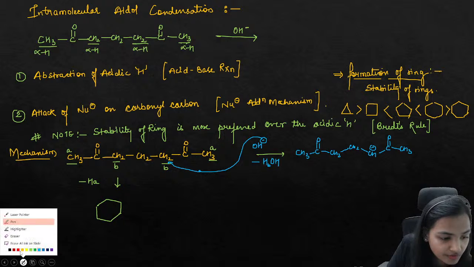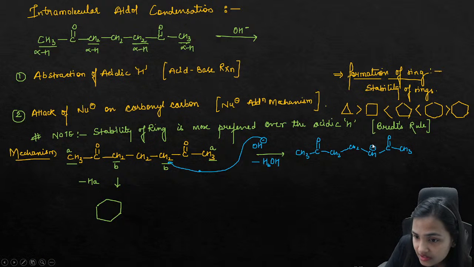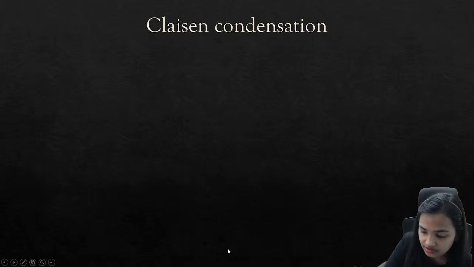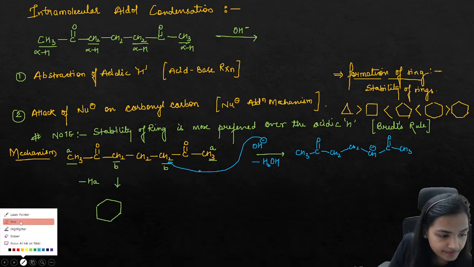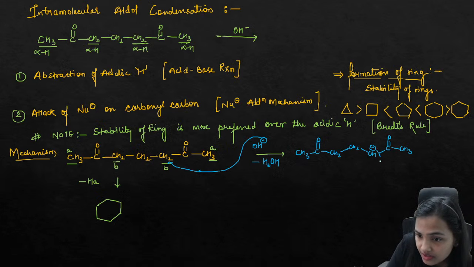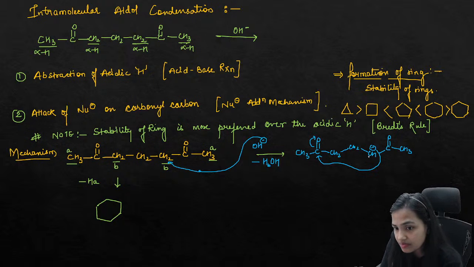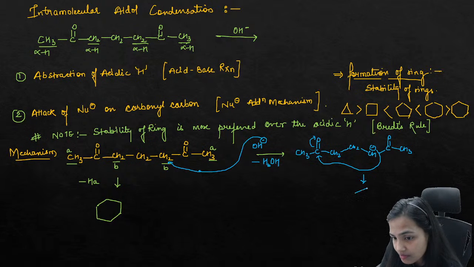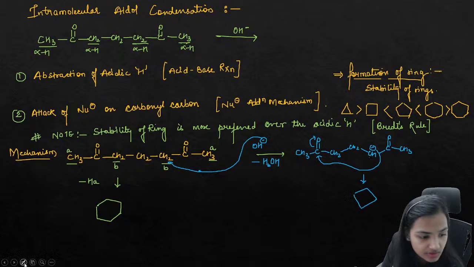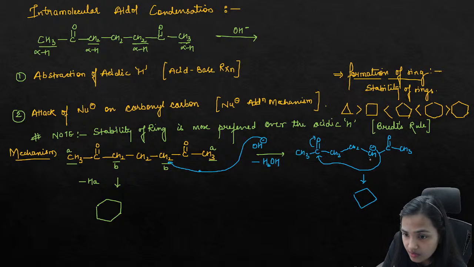Then it is very obvious that this nucleophile will attack this carbonyl center to break a bond like this. When this bond forms, 1, 2, 3, 4, we will definitely be getting a 4-membered ring. Let's say this is carbon number 1, carbon number 2, carbon number 3, carbon number 4.